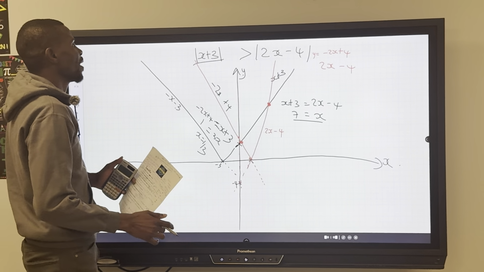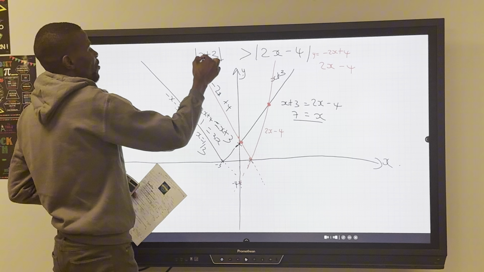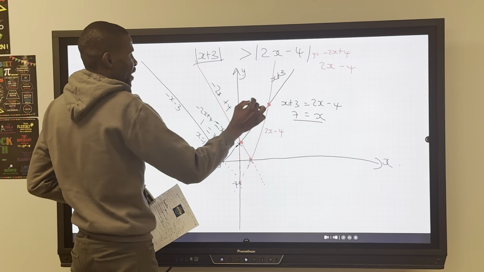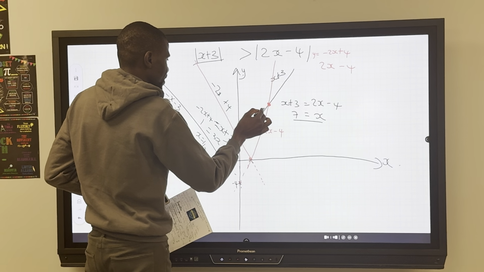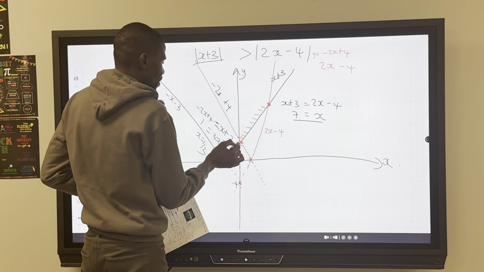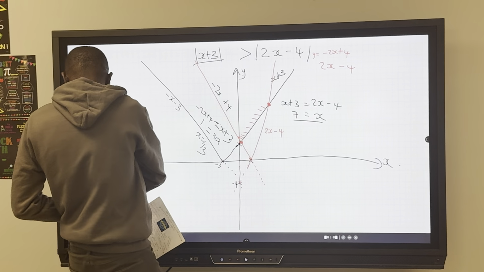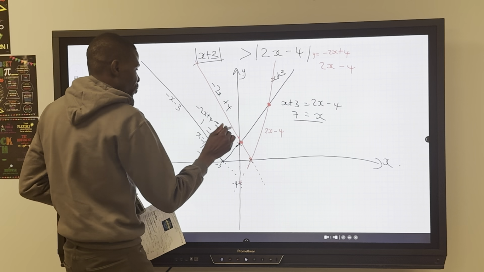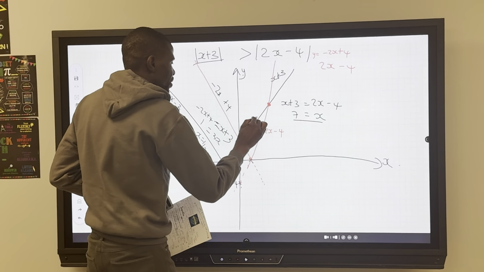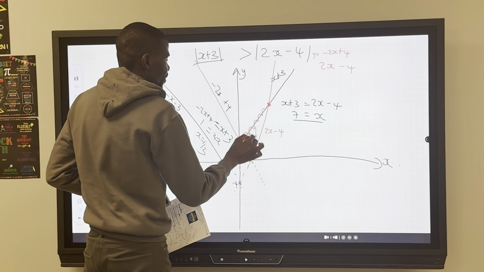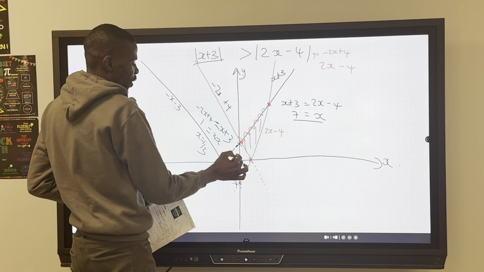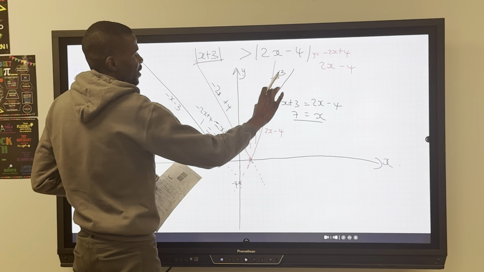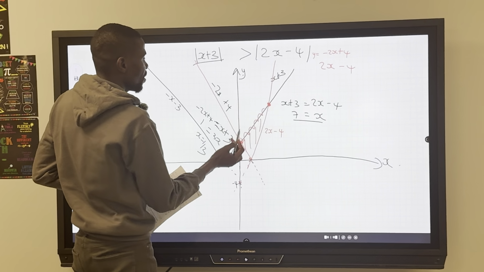So now we want this modulus, the x plus 3, where it's greater, when it's above. So the x plus 3 is the one in black. So it's above it here and there, which is, sorry, I think I've shaded the wrong one. Okay, it's only above at this point, which is that part, right? So between 1/3 and 7, that's when it's above. After that, as you can see, it's now below that red graph.